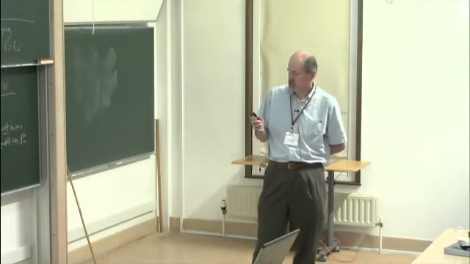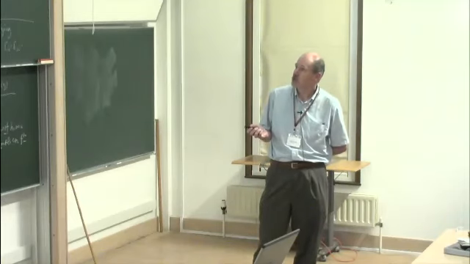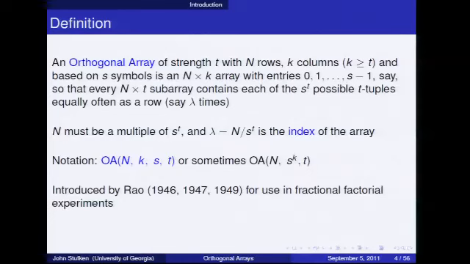You can go through it yourself at some later time. So I'll start with a brief introduction of what orthogonal arrays are, so that somebody who doesn't know what an orthogonal array is still gets a good starting point. So here's the definition of an orthogonal array.